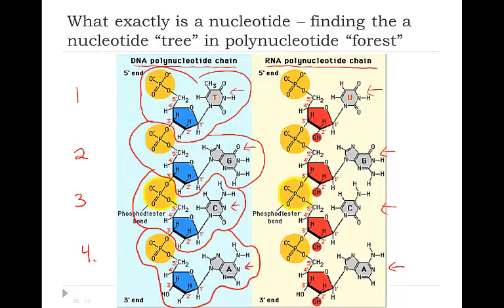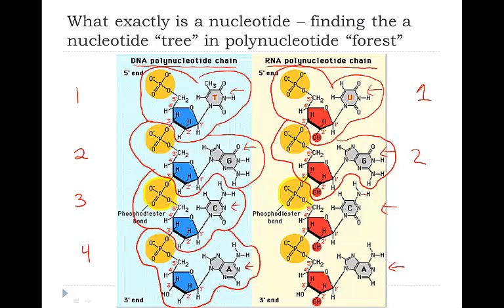Again, it is just a single strand. It is not the traditional double strand. And over on the RNA polynucleotide chain, let's go through this again. This is the uracil nitrogenous base, the 5-carbon sugar, but this time it's ribose, and the phosphate group. The guanine nitrogenous base, the 5-carbon sugar ribose, and the phosphate group. So 1, 2.